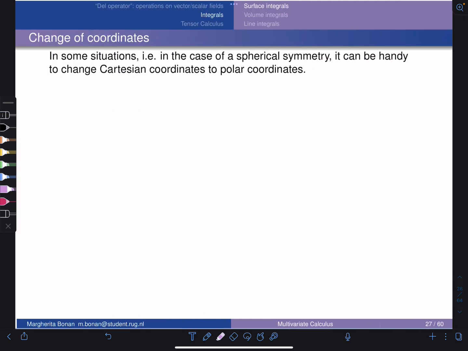In some situations, for example when we have a spherical symmetry, it is useful to change Cartesian coordinates to polar coordinates.